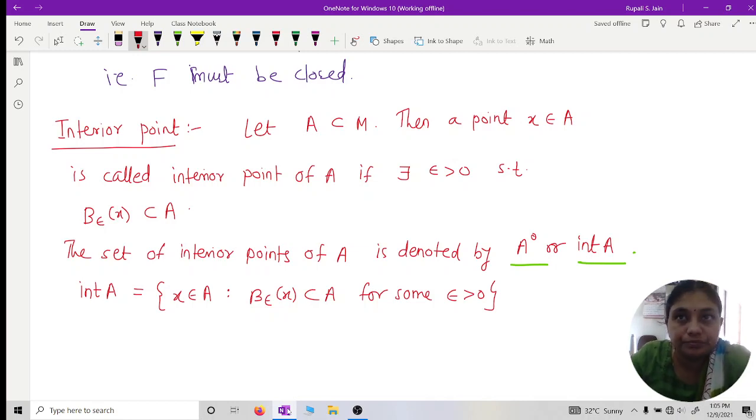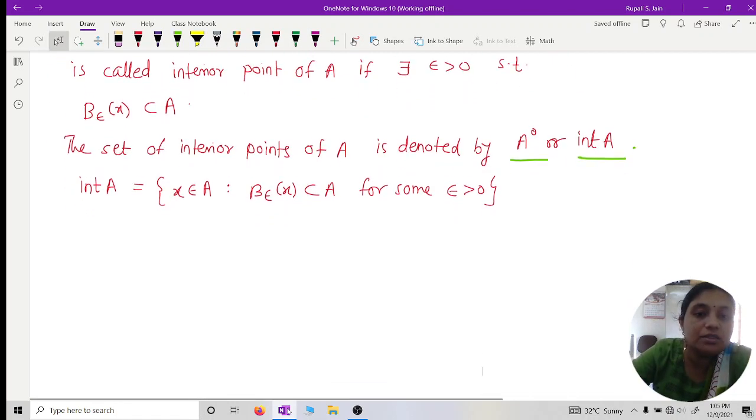Note that interior of A is the largest open set.